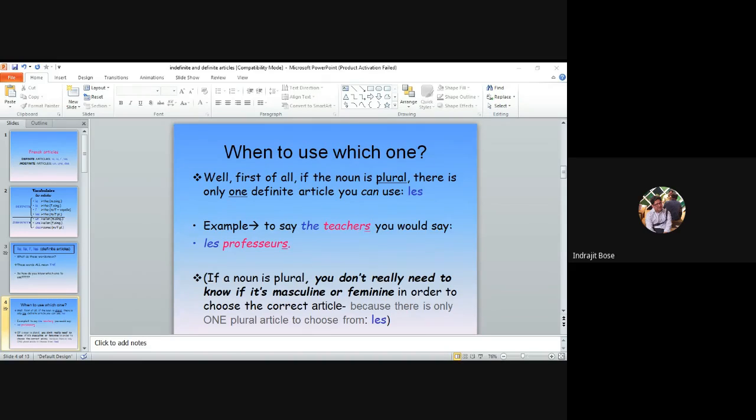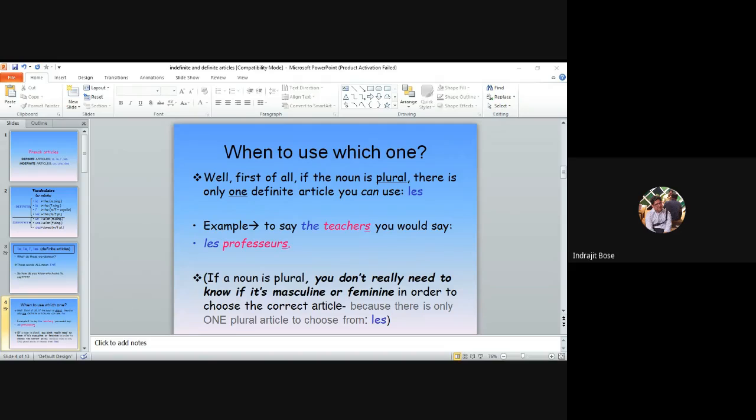Or I can have les filles. Again, this is feminine plural. It will not really make a difference whether the noun is masculine plural or feminine plural. I will use the form les. So les garçons is used as well as les filles.